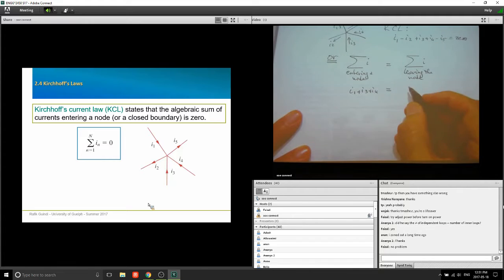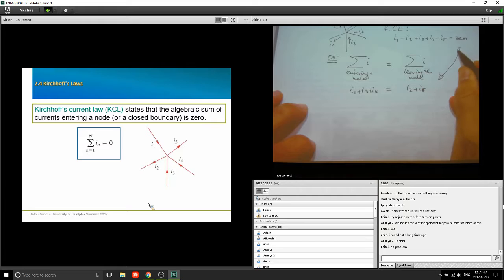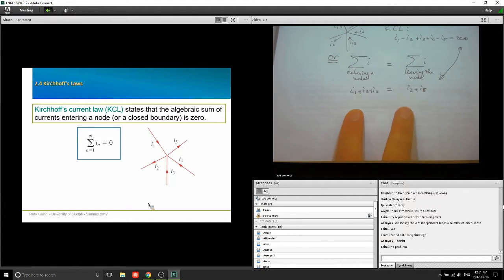That has to be equal to the sum of the currents leaving the node, which is I2 plus I5. So these two equations mathematically are exactly the same. Some people prefer to look at all the currents as if they're entering, and you change the signs, and you say the sum of all of these currents is equal to 0. I find that this is more intuitive.